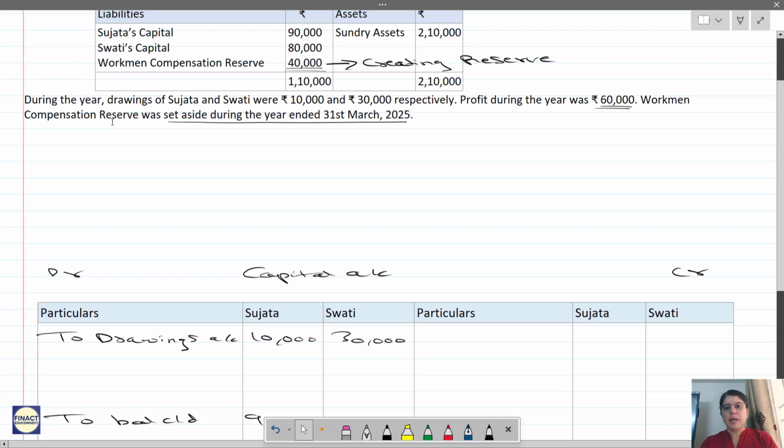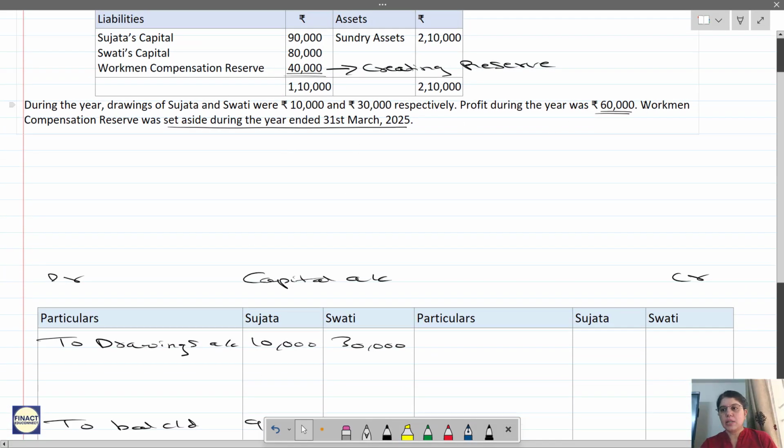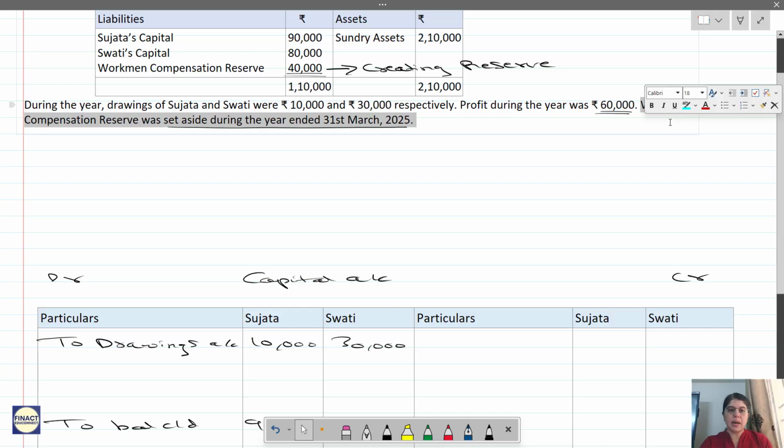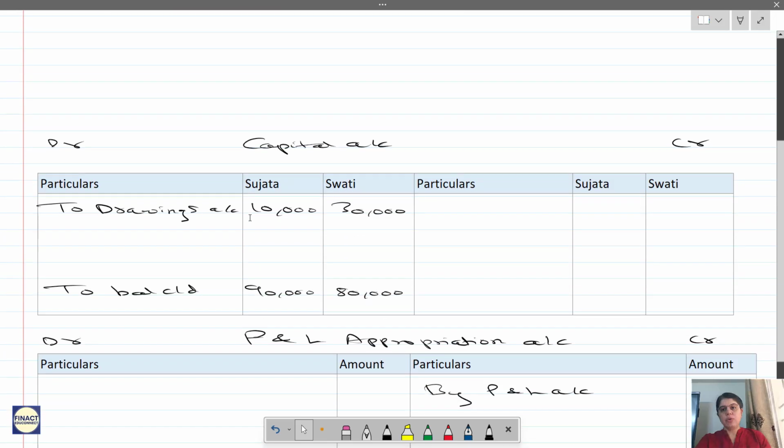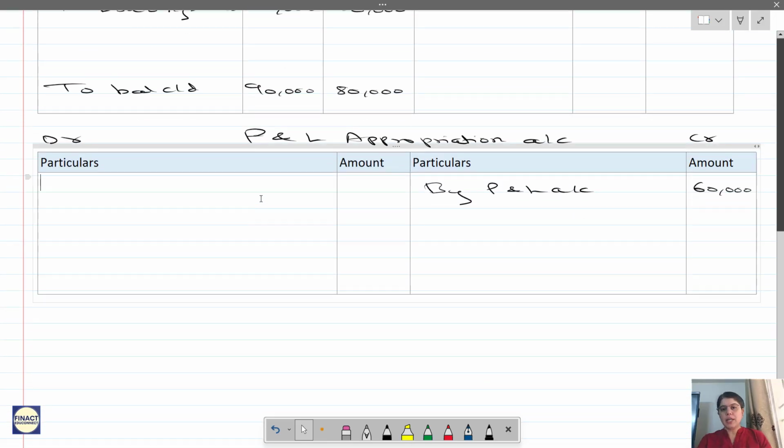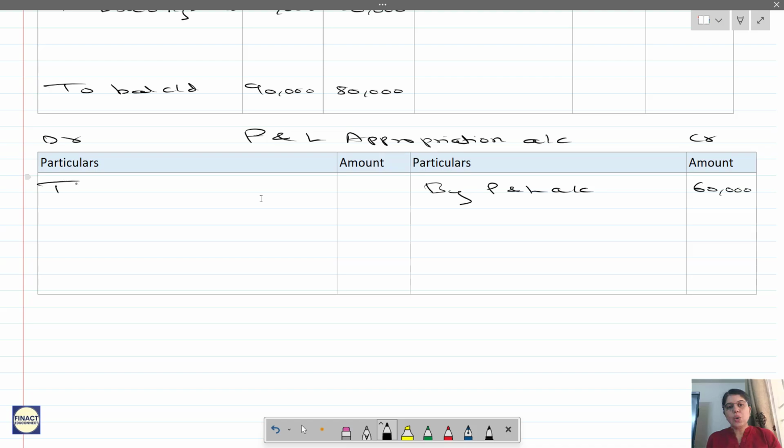Then this workman compensation reserve was set aside during the year ended 31st March. So this 40,000 workman compensation reserve was created in that year. So the entry would have been P&L appropriation account debit to workman compensation reserve account, correct?